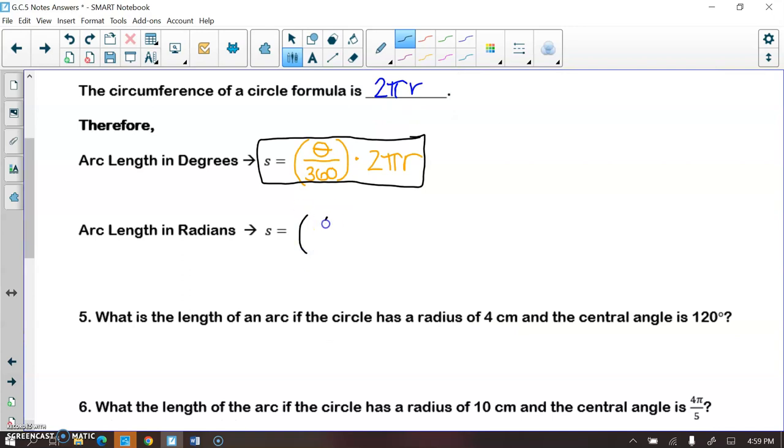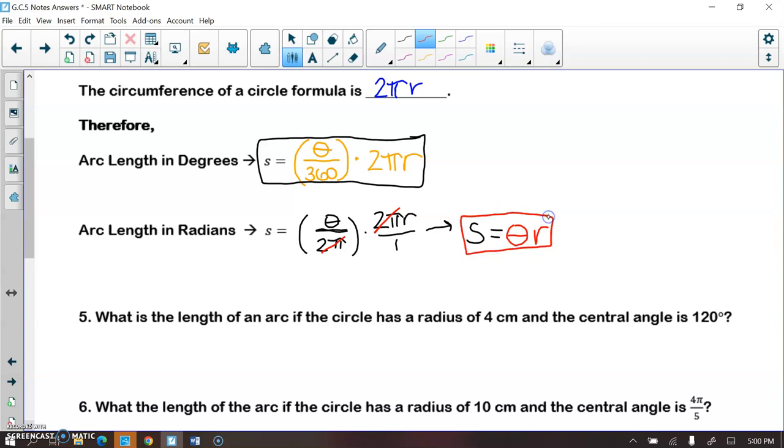We know that a full circle's 2 pi radians. So if I substitute 2 pi in for that 360 degrees, and then just keep the rest of my formula the same, except I'm going to write the 2 pi r over 1, then I would wind up with the 2 pi's canceling each other out, and I would wind up with my angle in terms of radians times my radius, and then I don't need to write over 1 because it just would divide out to be this.